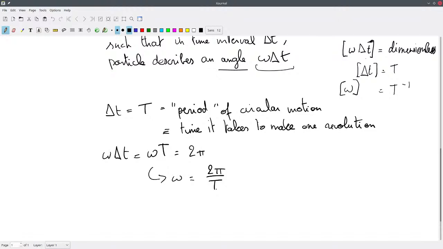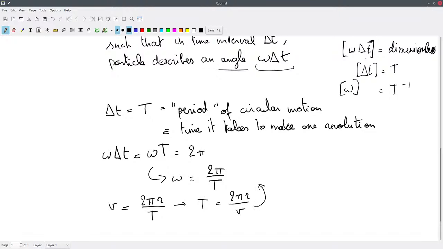Now we can write the time it takes for one revolution also using the radius and the speed, of course. We can write the speed as the distance traveled, 2 pi r, one circumference of the circle, divided by one period. So that's another way to introduce the period. And from this, we calculate that T is 2 pi r over v.